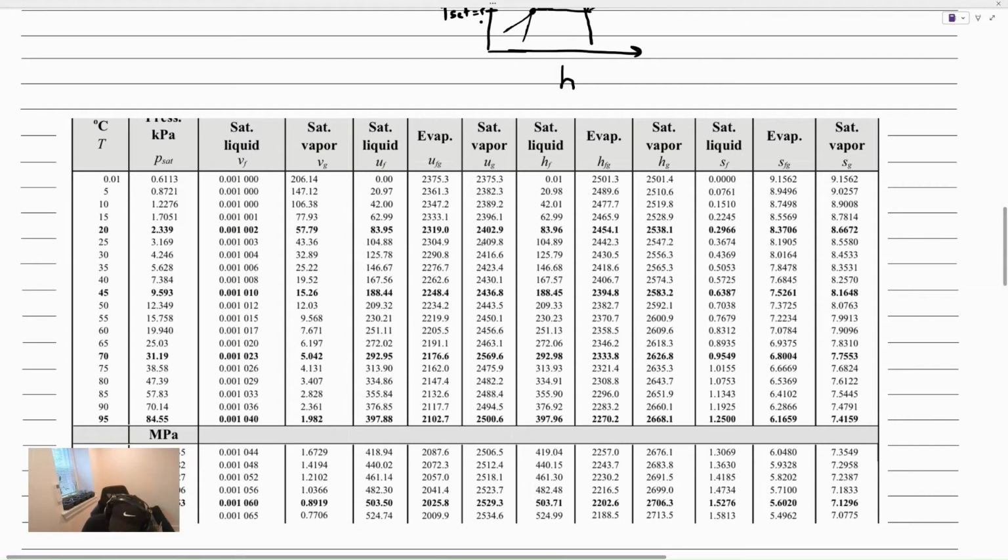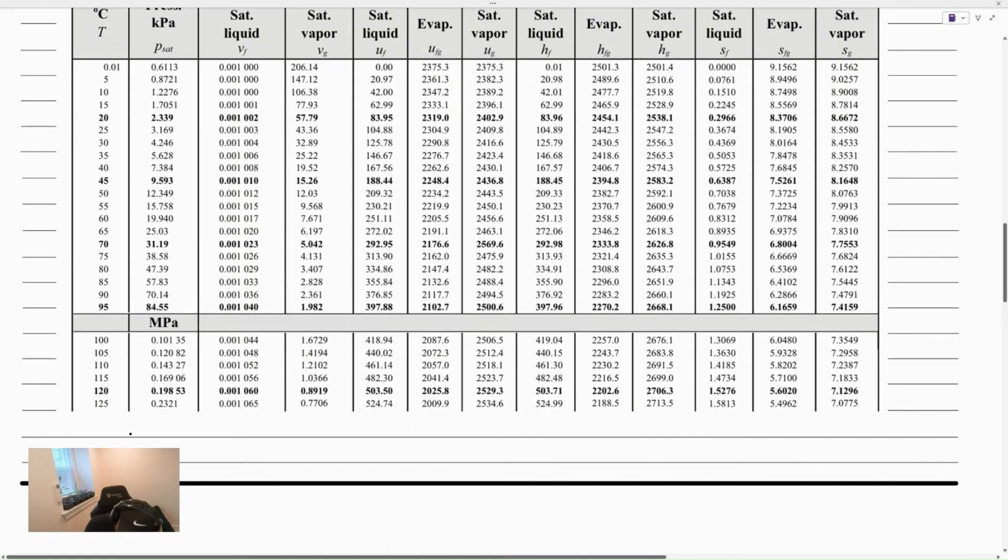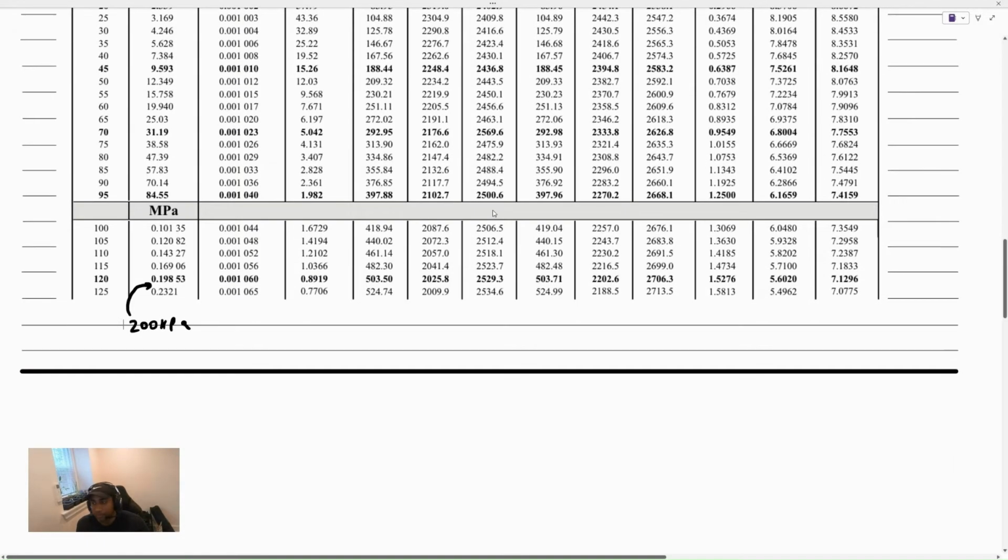Okay, so I know that for my given pressure, which is 200 kPa, I'm somewhere between these values. If I wanted to do this problem completely, what I'd do is interpolate between the HF and HG values. This is the H column here, HF, and this is HG.